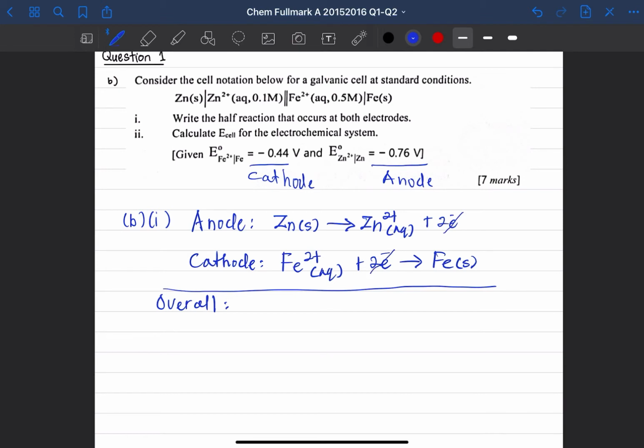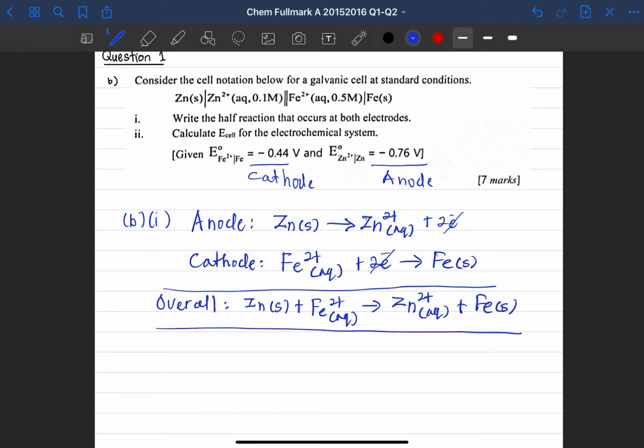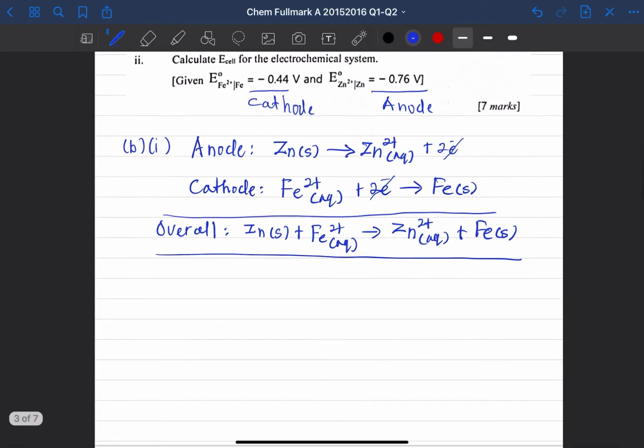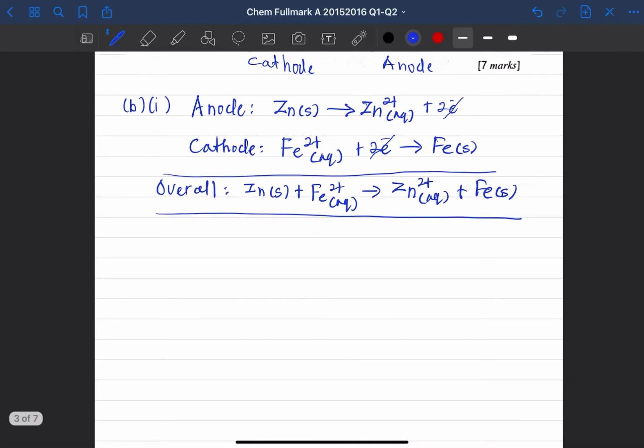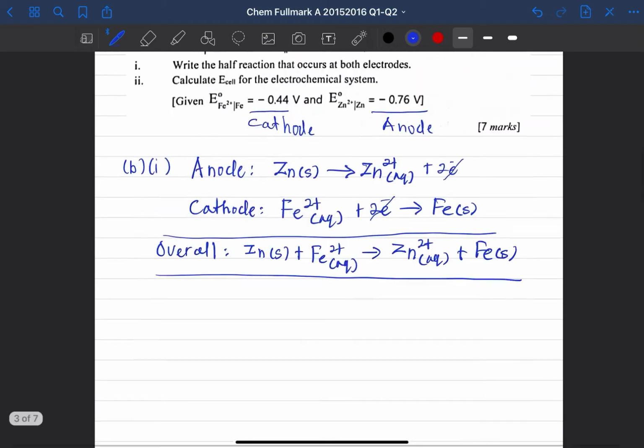Therefore, the overall equation will be zinc solid plus Fe 2 plus aqueous, giving on the right zinc 2 plus aqueous and Fe solid. Okay, class. Next, we want to calculate the E cell.